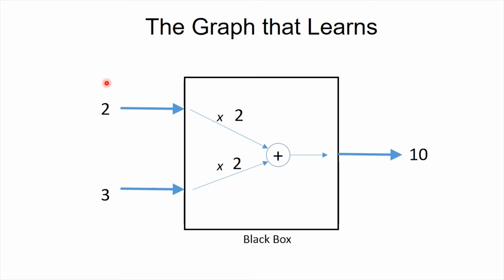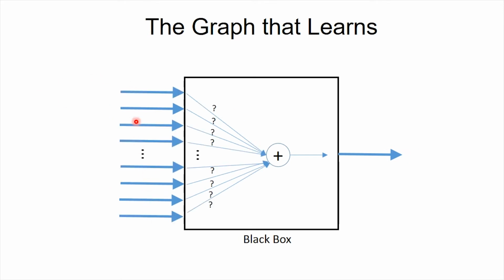Also, as I mentioned, this is perhaps the most simple example, but in most real problems, not only do we have many inputs, but also each of those inputs will have millions, perhaps billions of components, not only two, as in this example.